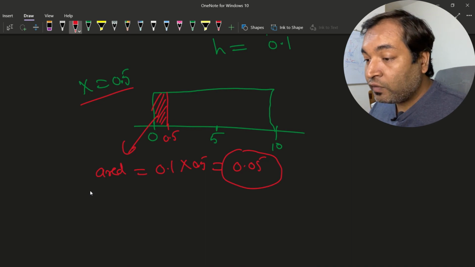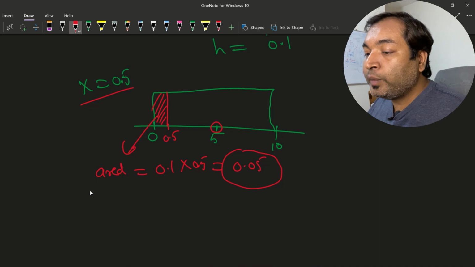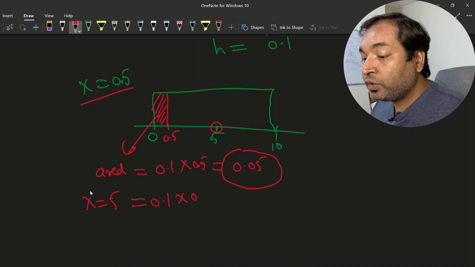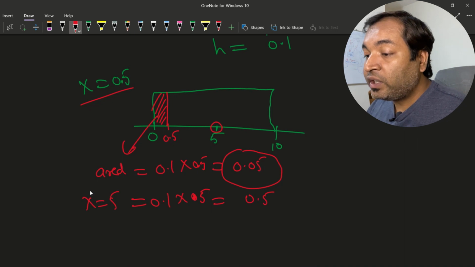Similarly, let's say on this point, what do you think the cumulative probability would be for this uniform distribution? Let's calculate for x equal to 5: 0.1 into 5, which is 0.5.